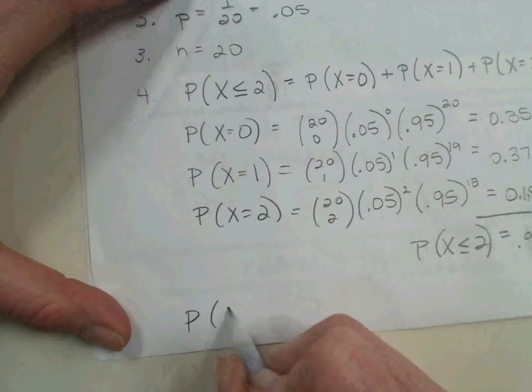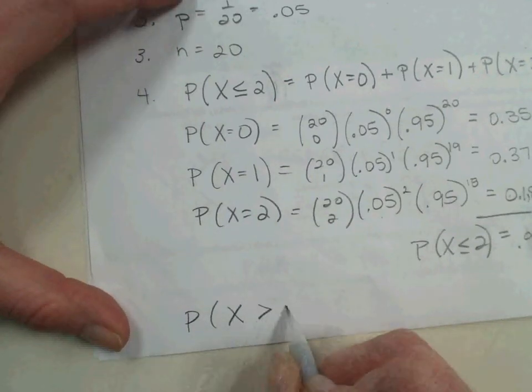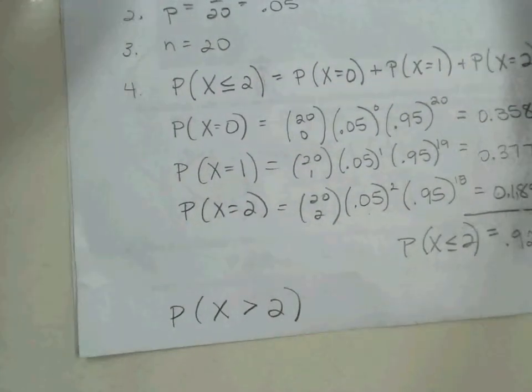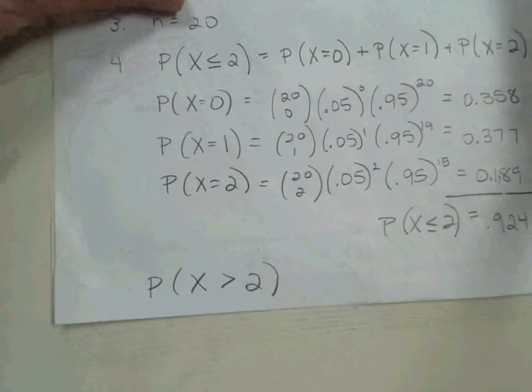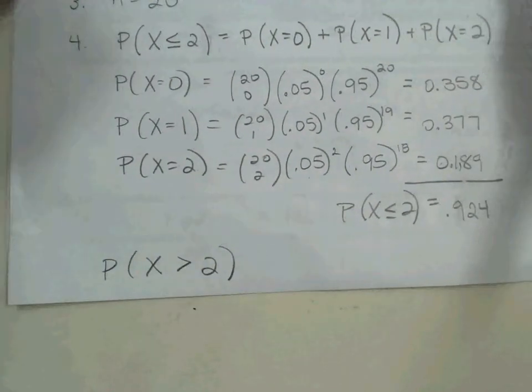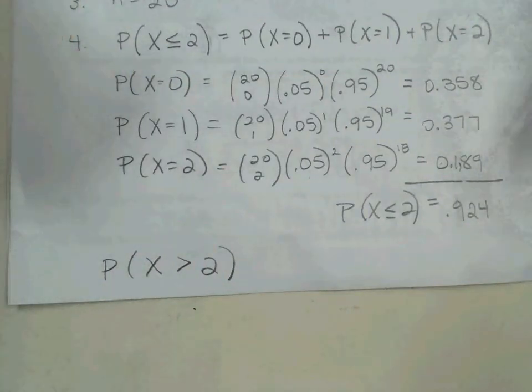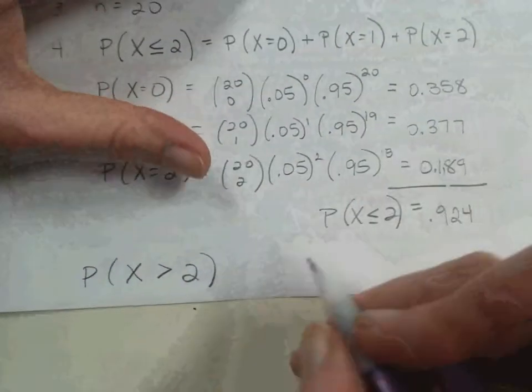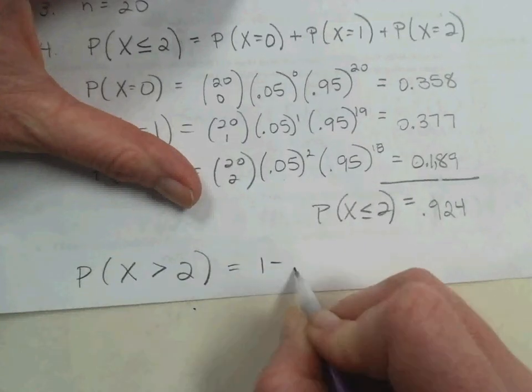So what then would be the probability of finding water more than 2 times? Yes. The complement. So 1 minus that.